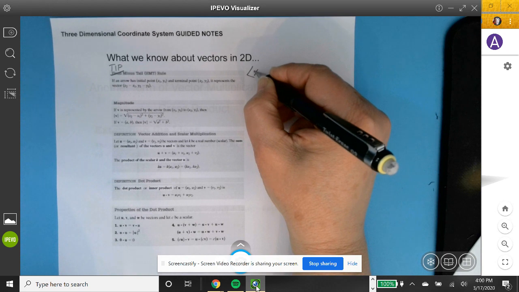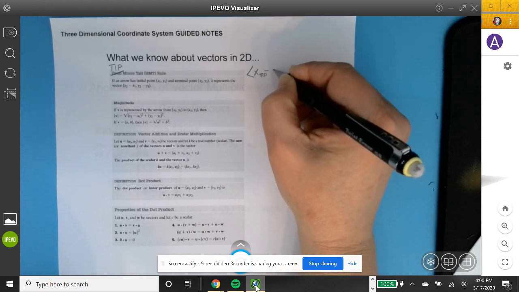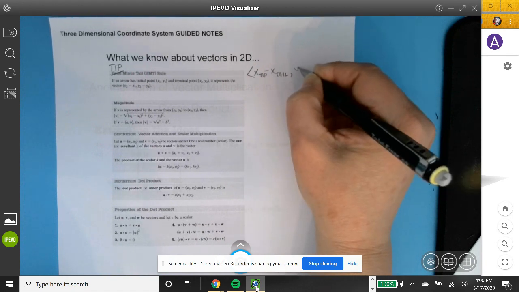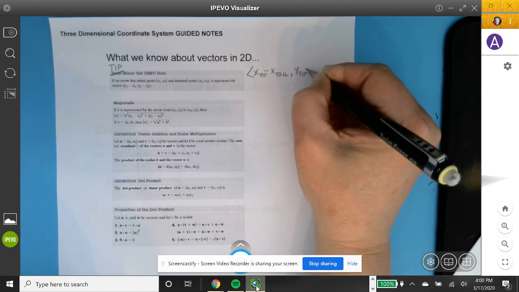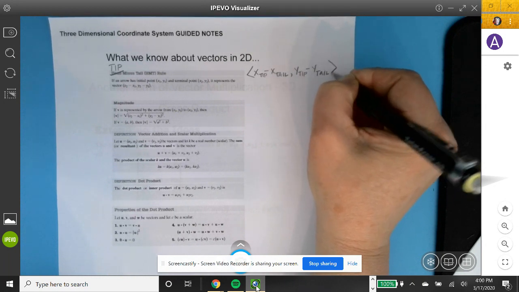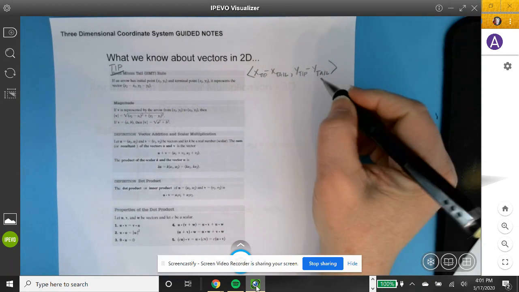So this is going to be x of the tip minus x of the tail, comma, y of the tip minus y of the tail, and that would be the component part of our vector, which is basically the change in x, comma, change in y.